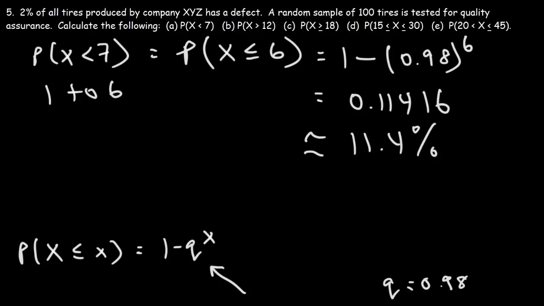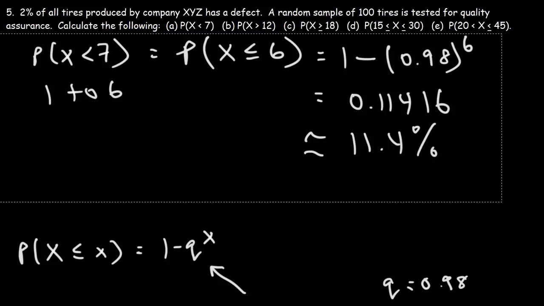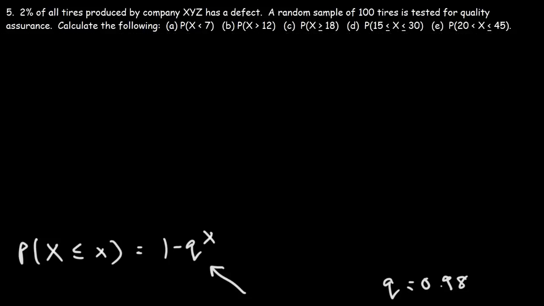Now let's move on to part B. So what is the probability that a defective tire will be found, let's say, beyond x greater than 12? What formula can we use to calculate this particular probability?